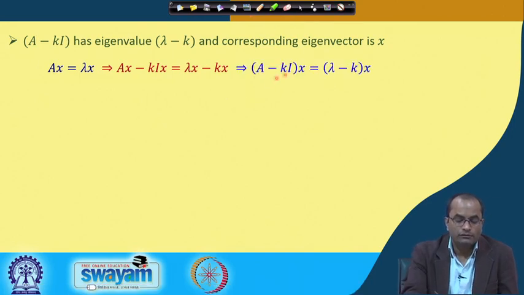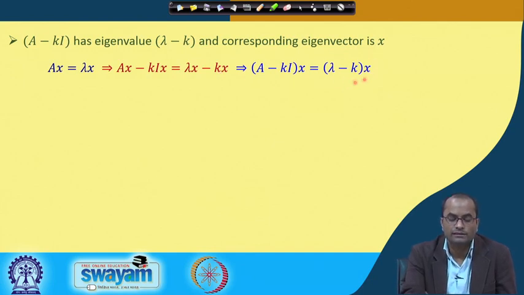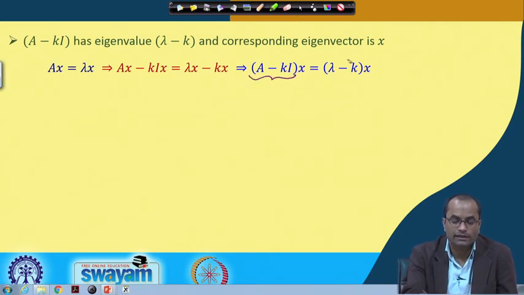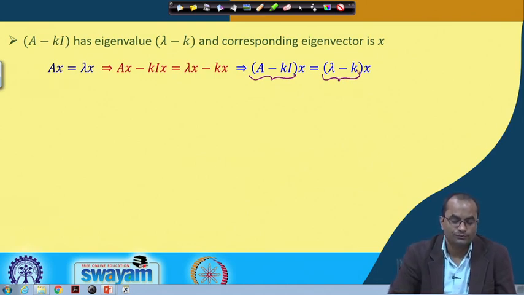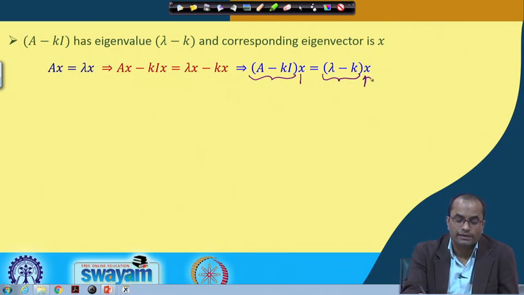So, having this, now we can take this x common from the left hand side. So, (A minus kI) into x is equal to, here also, (lambda minus k) into x. So, this relation tells that A minus kI has the eigenvalue lambda minus k, with the same eigenvector x as before.